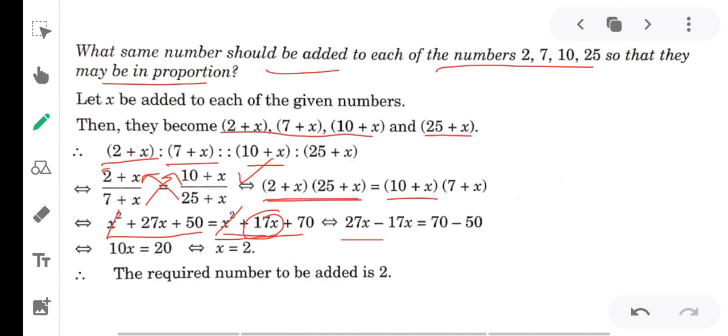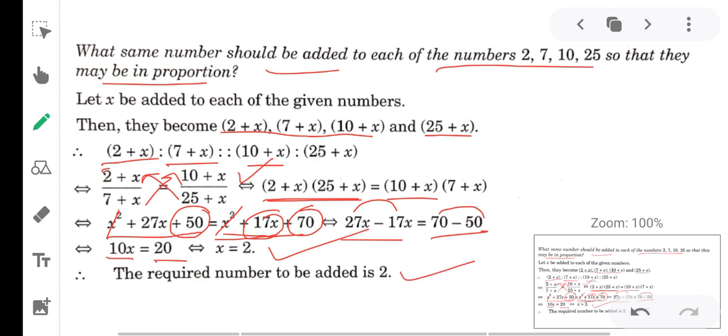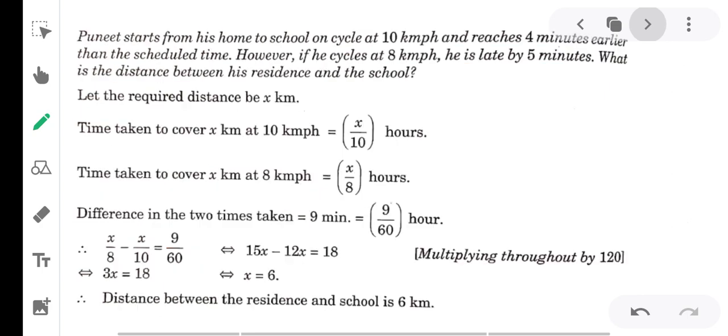So 27x minus 17x equals 70 minus 50, when we transpose 50 to the right hand side. Clear? Now 27x minus 17x is 10x, and 70 minus 50 is 20. Okay, so x becomes 20 divided by 10, that is 2. So the required number to be added is 2, so that 2, 7, 10 and 25 may be in proportion.